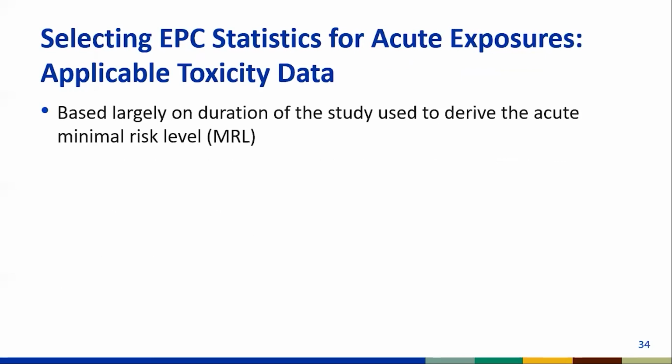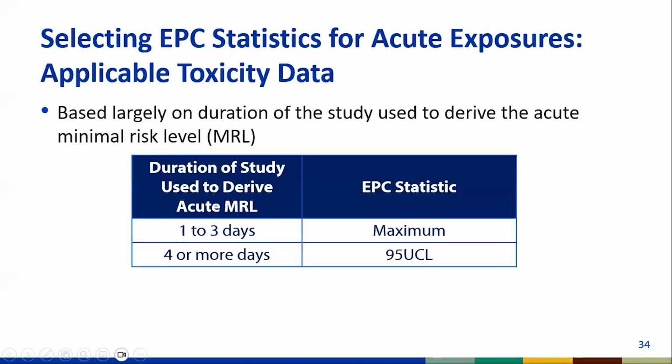Specifically, they should evaluate the exposure duration used in the human or animal study that forms the basis of the toxicity value that will be used in the health evaluation, such as an ATSDR acute minimal risk level, or MRL. When the acute MRL, or comparable toxicity value, is based on a human or animal study that evaluated a short exposure duration, health assessors should use the maximum concentration.